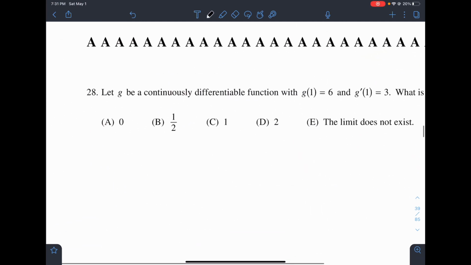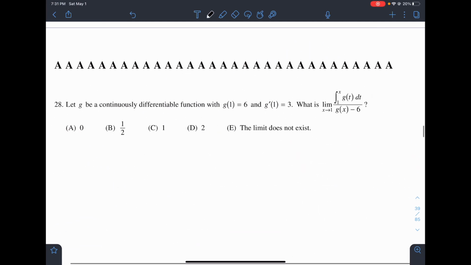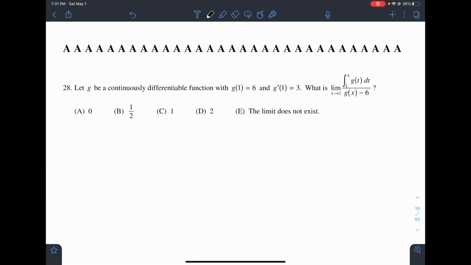So, last question in the multiple choice part A. We want the limit as x goes to 1 of the integral from 1 to x of g of t dt, over g of x minus 6.